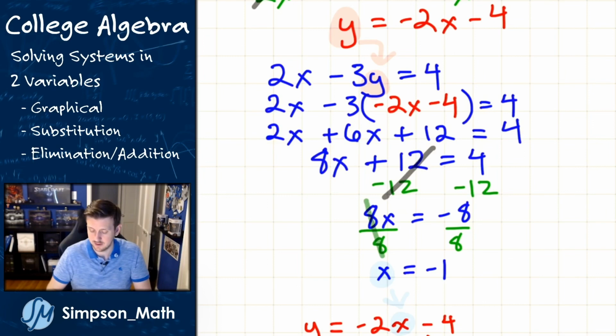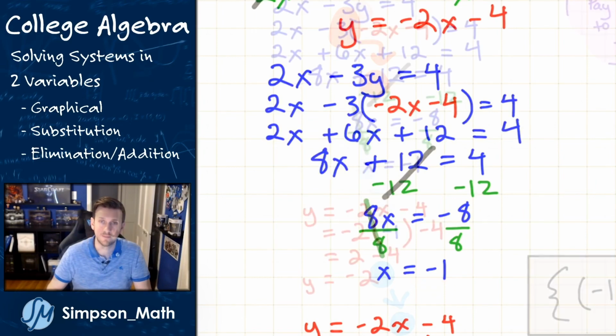Now I have on each side my variable and my constant, everything simplified. So I can subtract 12 from both sides. That cancels to 0. 4 minus 12 is negative 8. 8x equals negative 8, so I can divide both sides by 8. Negative 8 over 8 reduces to negative 1.